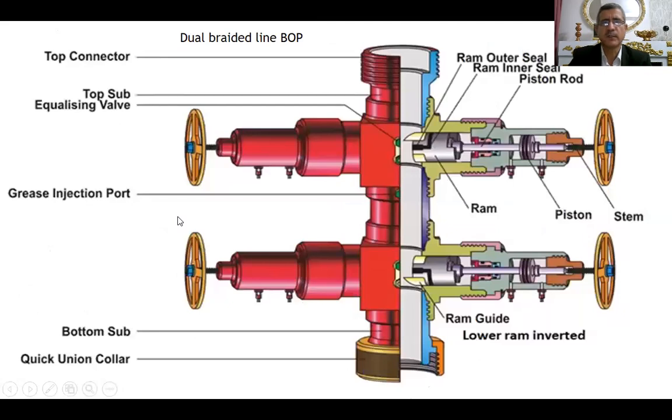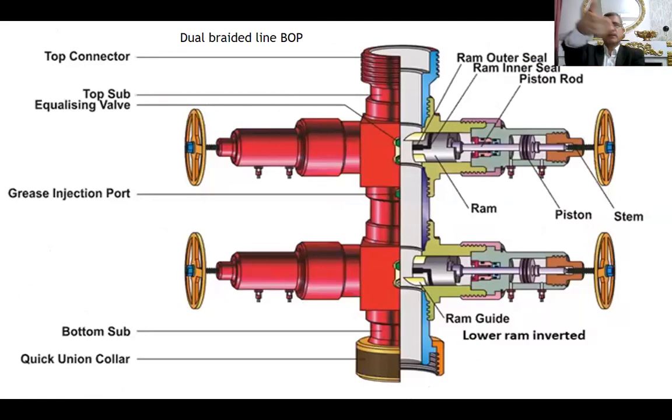This is the dual BOP for braided line, similar to single, but we have inverted. You see, this is normal, and this one is inverted. So the lower one will be like this, the upper one will be like this. Or the opposite, yes. This is the upper one, this is normal.